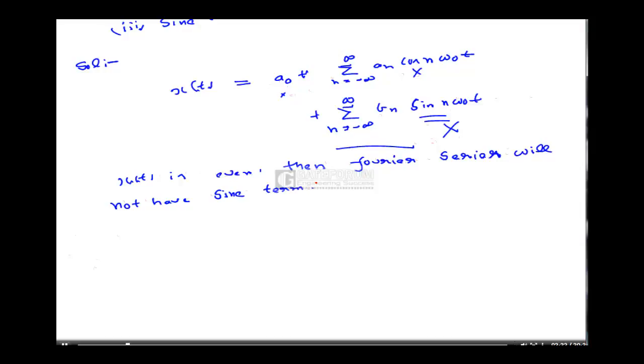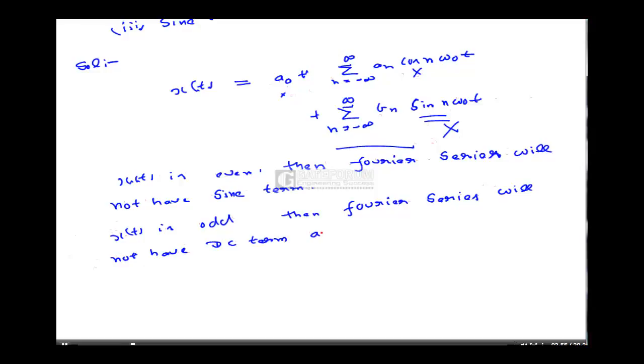Similarly, if xt is odd, then Fourier series will not have DC term and cosine term.